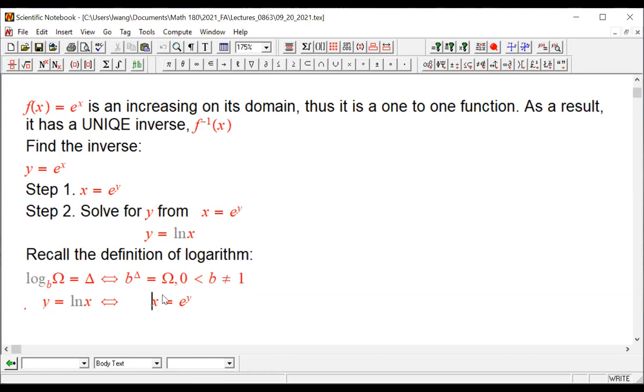So here you just switch places. So this is x, b to the power triangle, b to the e to the power y equals to x. So your omega is going to be in this place because omega is x. You just match places.